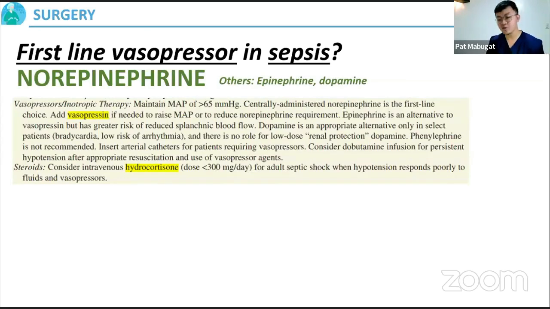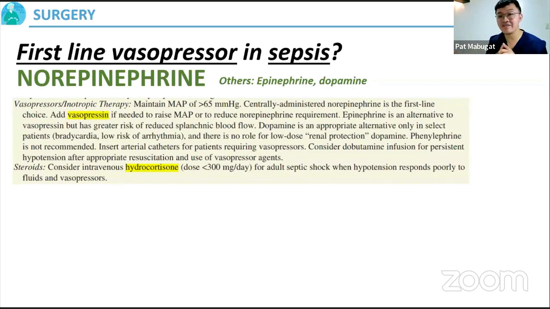Okay, so if you're already using triple inotropes, norepi, epi, dopamine, and if for the board exam purposes, or if you want to be pabibo to your consultants or your attendings later on, you suggest, Doc, what if we use steroids?